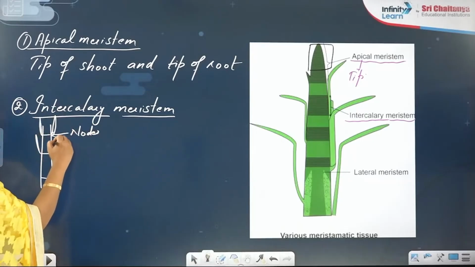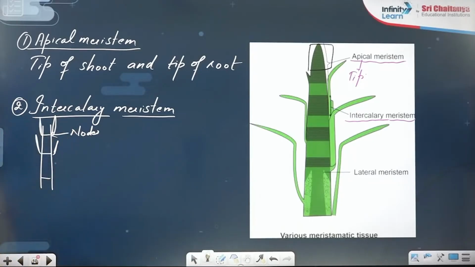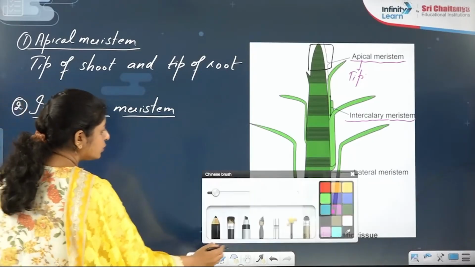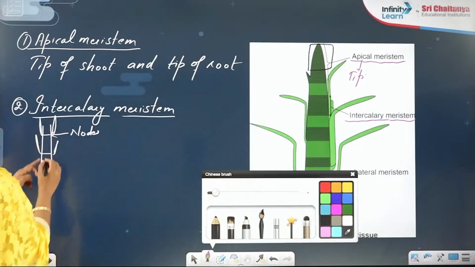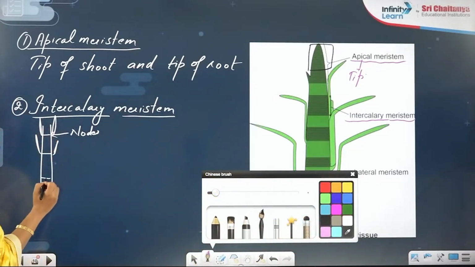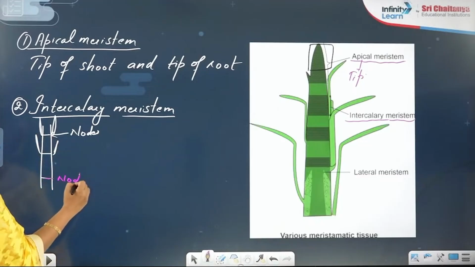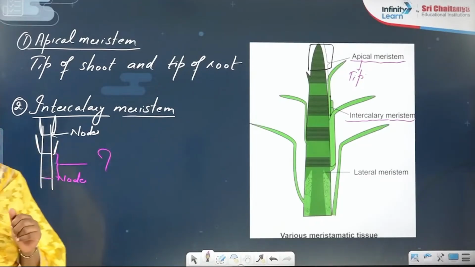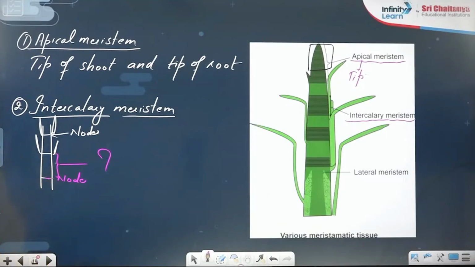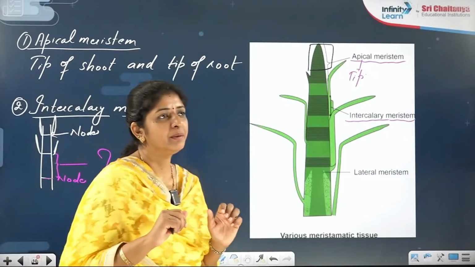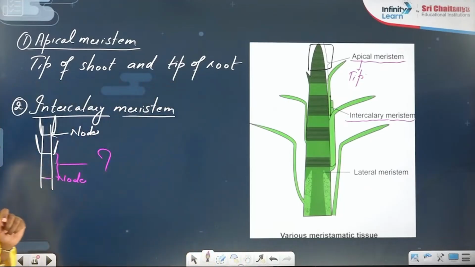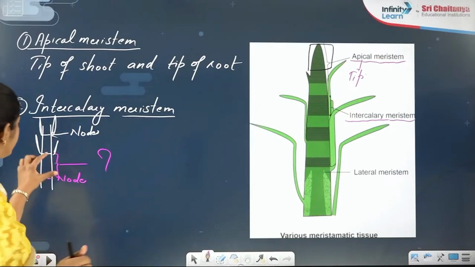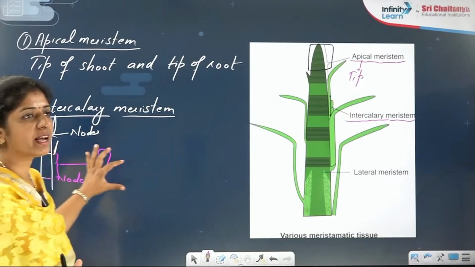These are the leaves which are coming out. Are you getting that? Now, can anyone tell me, between these nodes, this is the node, this is even the node, between the two nodes, what do you call this region?